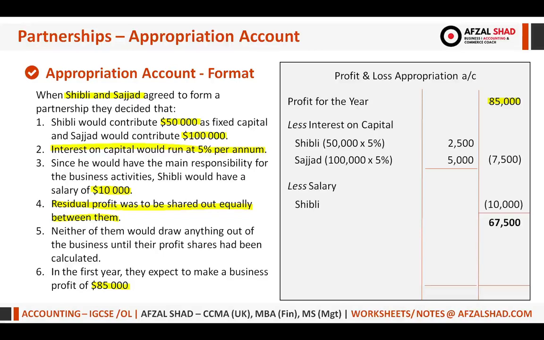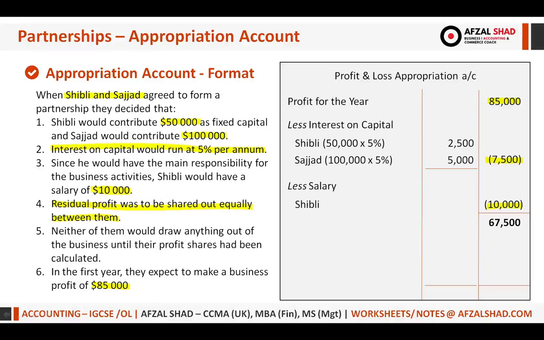Now at the end, after 85,000 minus interest on capital amount, minus giving salary to the partner, whatever is left is called the residual profit, 67,500.